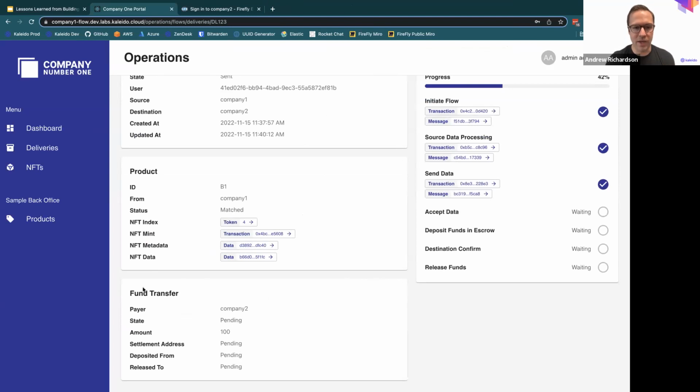Now, the next thing that's about to happen, we talked about, okay, what are the rules you can do on-chain? And so I included in this flow a digital settlement contract that incorporates the concept of escrow. So once both parties agree, we're going to initialize a digital escrow contract. I, as company 1, am going to transfer this NFT representing the shipment into escrow, and the receiver will have to transfer 100 of their tokens into escrow.